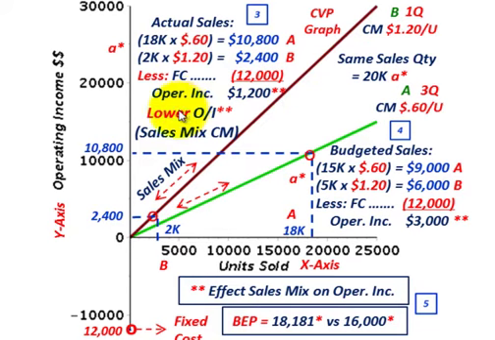Okay, so what you're seeing here is we're having a lower operating income based on that sales mix. And going back to just the contribution margin lines, or our profit lines, between A and B, it's just common sense telling us here. The fact is, we've moved our sales down.